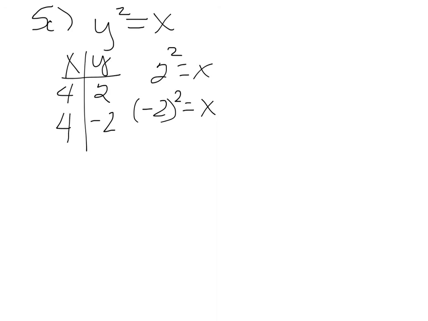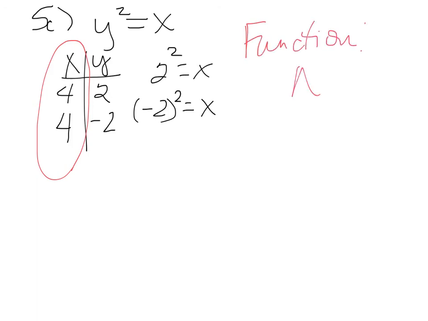That's also 4. What? So if I'm looking at this, what just happened? If you end up with an even power for the y, then you can either have a positive or a negative, that's going to give you a repeating x. Is that a function? Heck no, it is not.